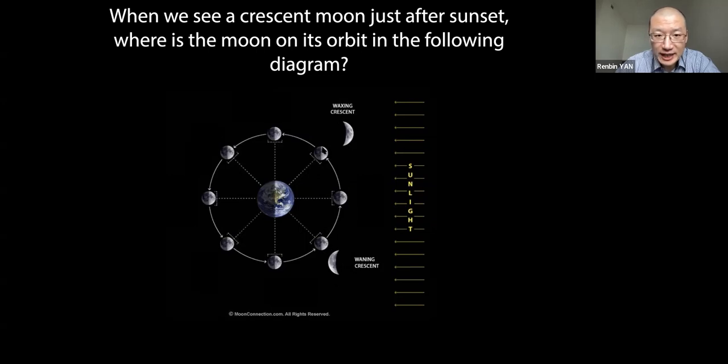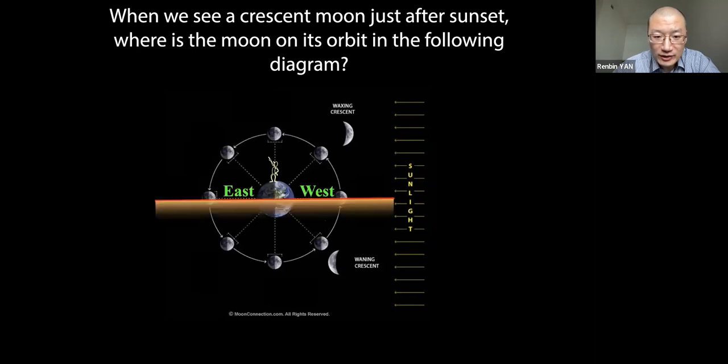And now we need to decide, so this is B or C, right? It certainly cannot be A. Now we need to decide which one of these is the one that we can see after sunset. So where is sunset? We need to draw the horizon.